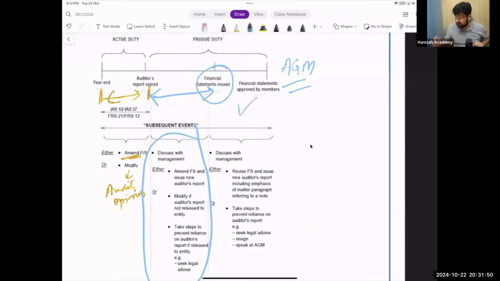So discuss with the management and ask them to prepare a revised financial statement. If they do, issue a new audit report with emphasis of matter paragraph, emphasizing the previous audit report was irrelevant and that there is such a new matter because of which we are issuing new audit report. If they do not want to prepare revised financial statements, take steps to prevent reliance on issued audit report.